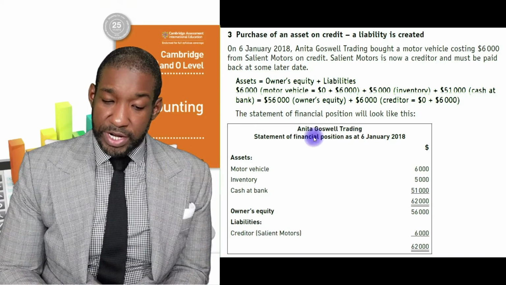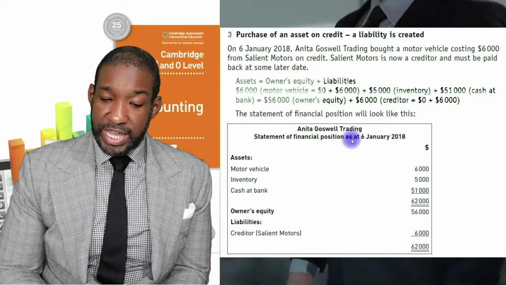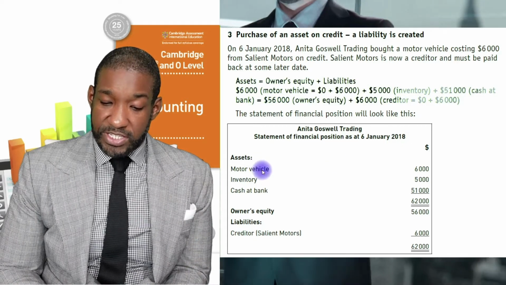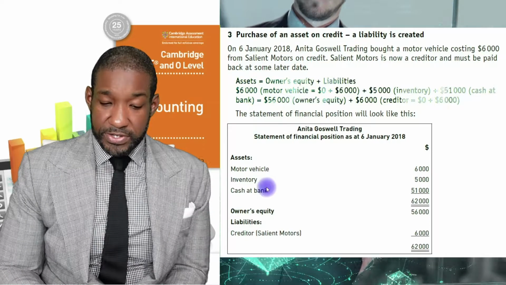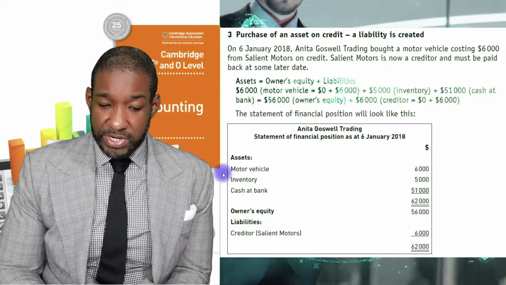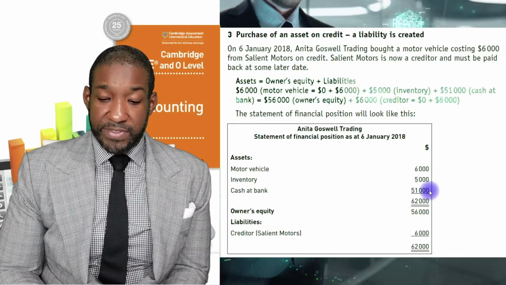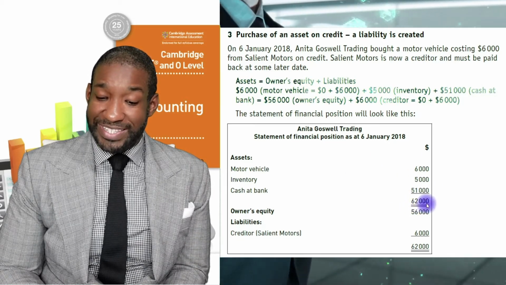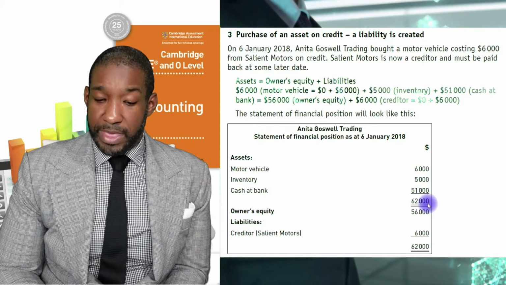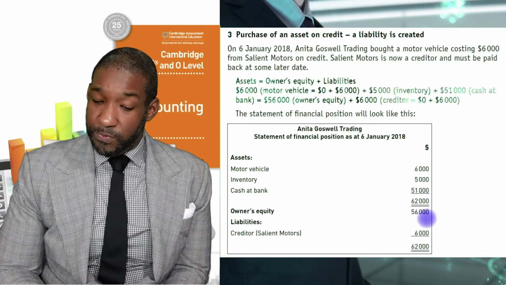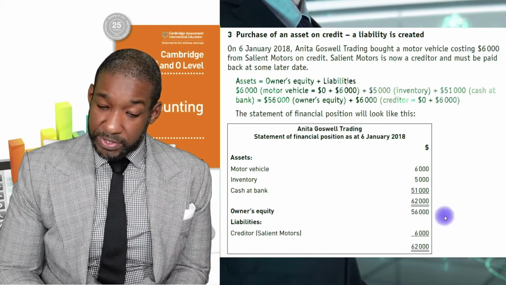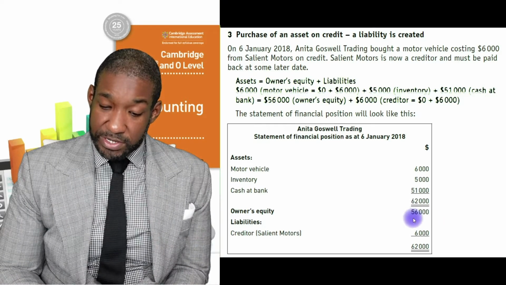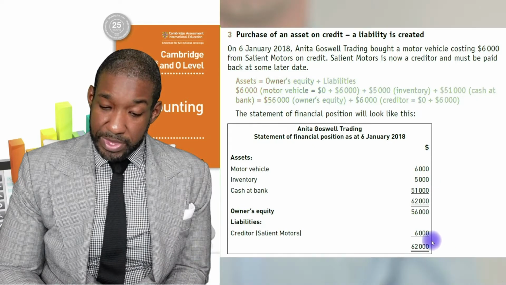Anita Goswell Trading, statement of financial position as at 6th January 2018. You have assets, motor vehicle, $6,000, inventory, $5,000, cash at bank, $51,000. This motor vehicle has now increased total assets to $62,000. However, Anita did not pay for this with her owner's equity, with the cash that she had, which was the $56,000 cash plus inventory.